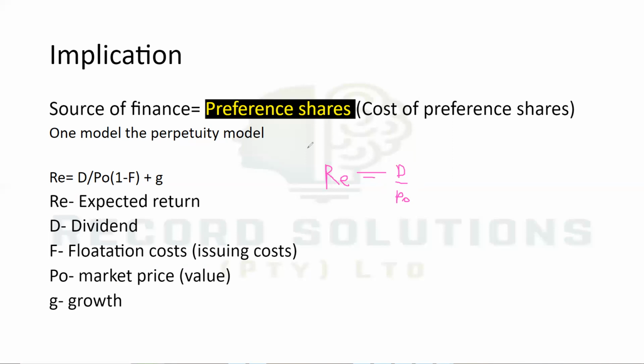However, in most cases, it will be like this, because for preference shares, they won't put any growth, right? So you won't have this g basically, and there won't be any flotation costs. However, if they do include growth and flotation costs, you know you use this formula, right? Yeah, that's the cost for preference shares, right?